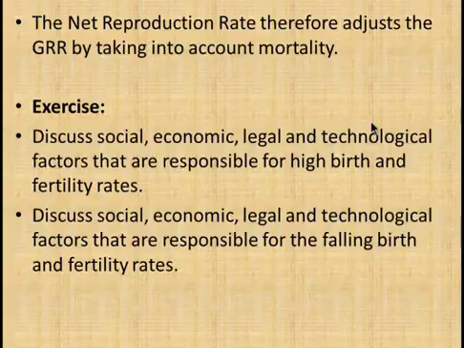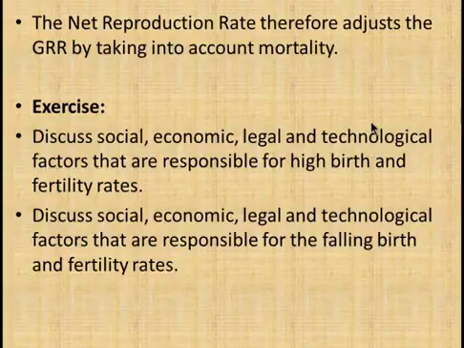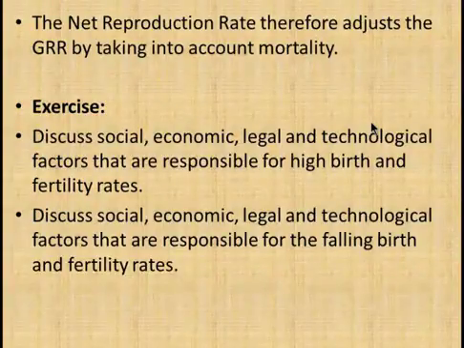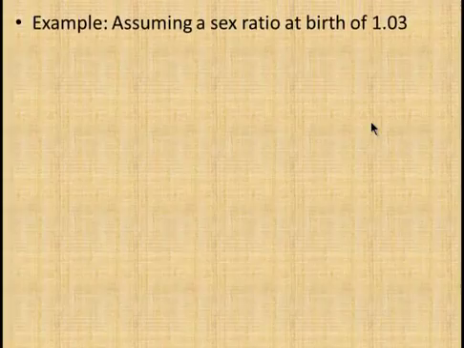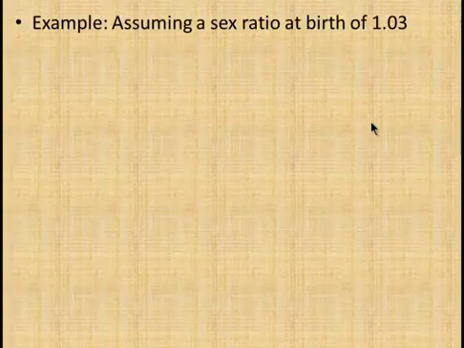You will now be given an example illustrating how the age-specific fertility rate, the general fertility rate, the total fertility rate, and the gross reproduction rate are calculated. We are going to assume that the sex ratio at birth is 1.03.